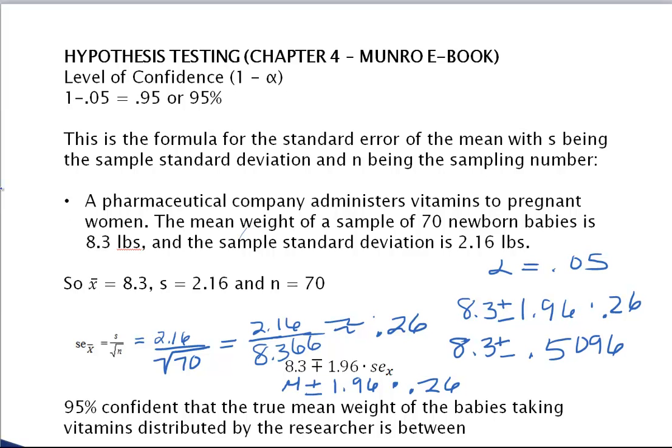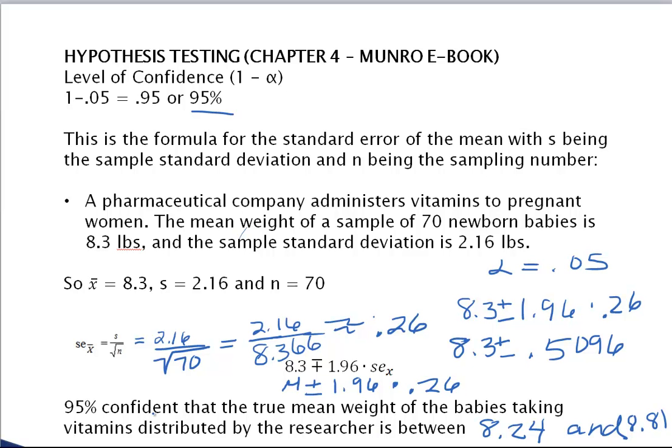So our confidence level is 95% confident that the true mean weight of the babies taking vitamins distributed by the researcher is between, and then we'll subtract 8.3 minus 0.5096, and I'm getting 8.24, and add that 8.3 plus 0.5096, and that is 8.81.